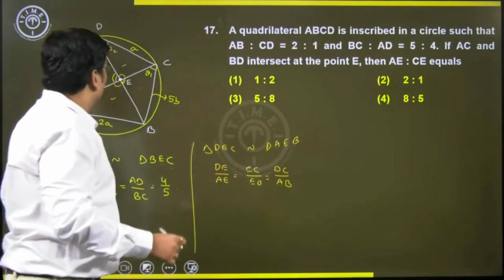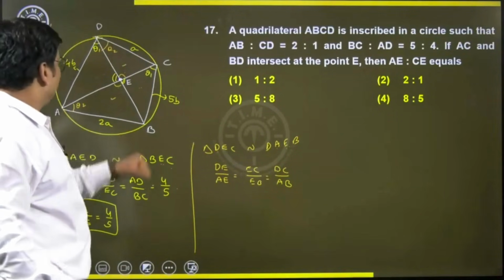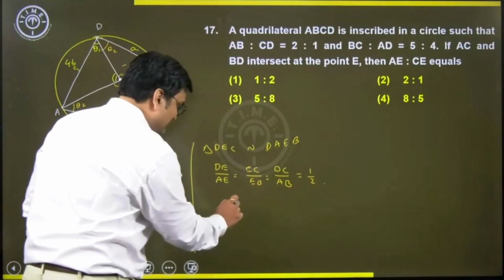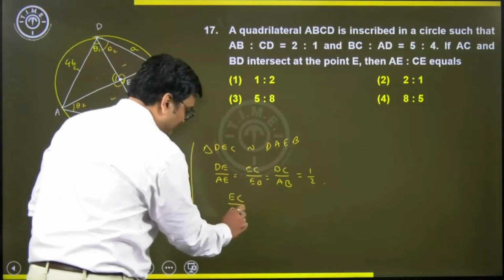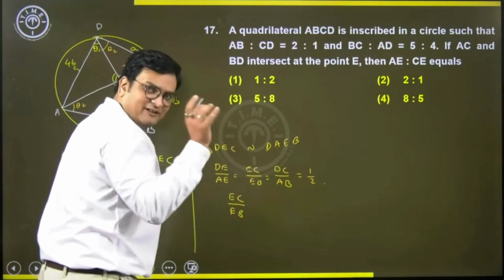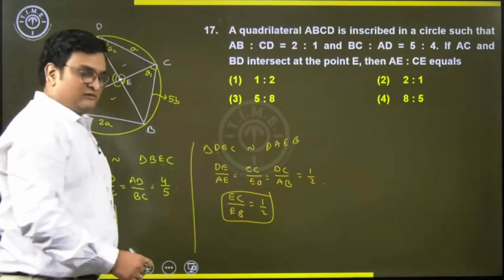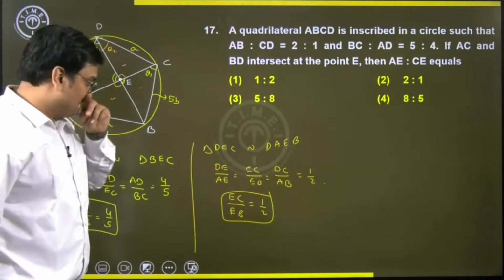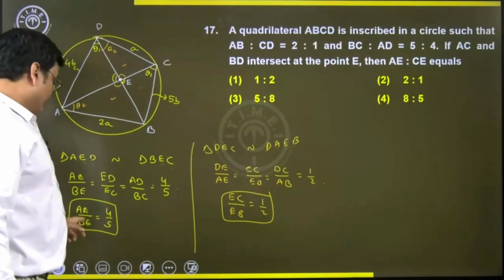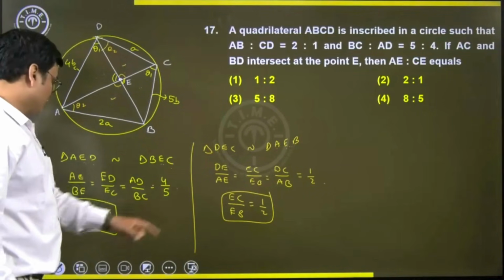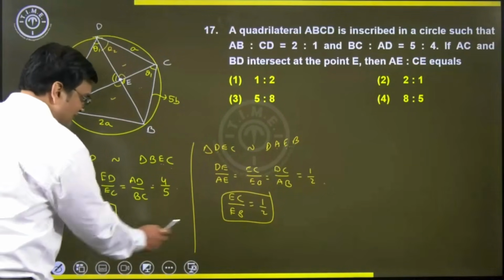And also note, what is DC by AB? DC by AB is 1/2. So hence can I say here EC by EB, I am taking this particular part for a specific reason, is 1/2. This is also not giving us the answer, but if you notice, please observe, if you divide these two, see what you get. If you divide these two, you can actually cancel out this BE and BE.